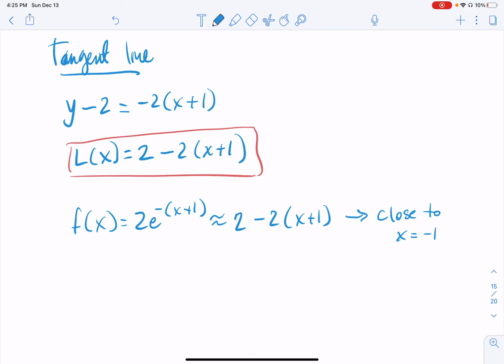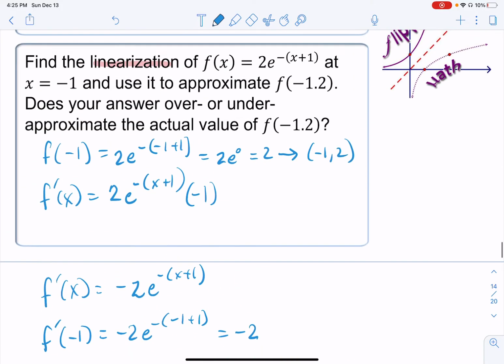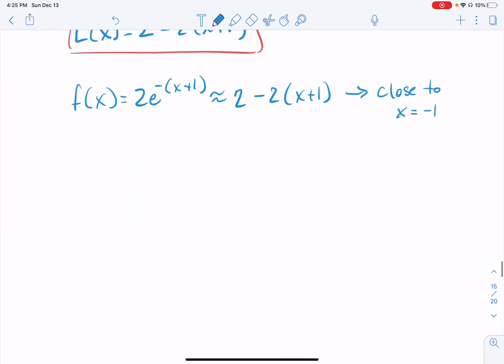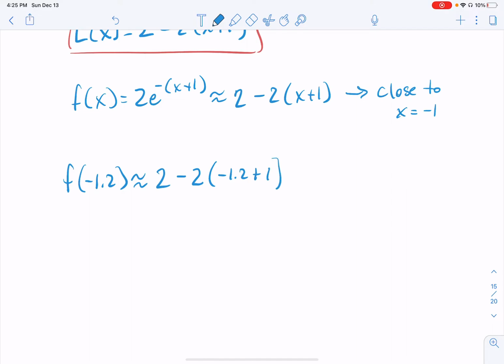All right, now what else do we have to do on this one? We have to use our linearization to approximate the value of f of negative 1.2. So f of negative 1.2 is approximately equal to 2 minus 2 times negative 1.2 plus 1.